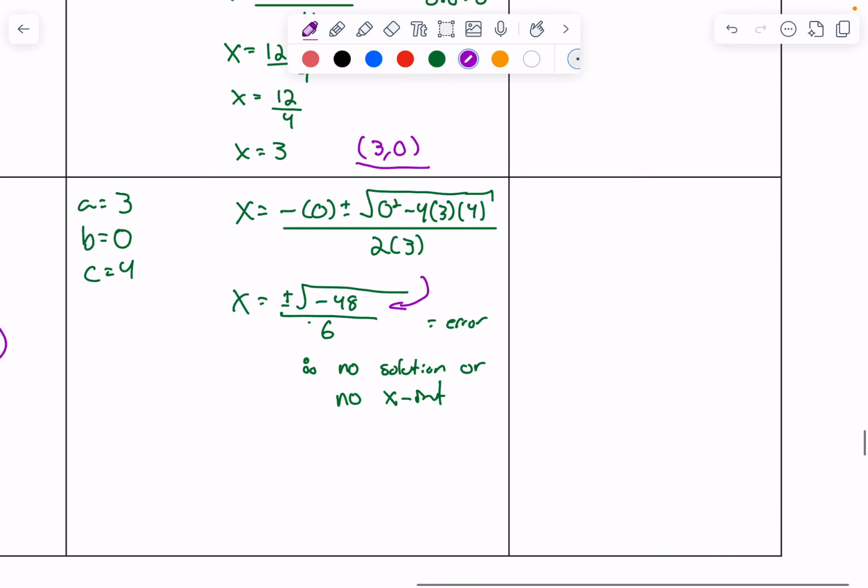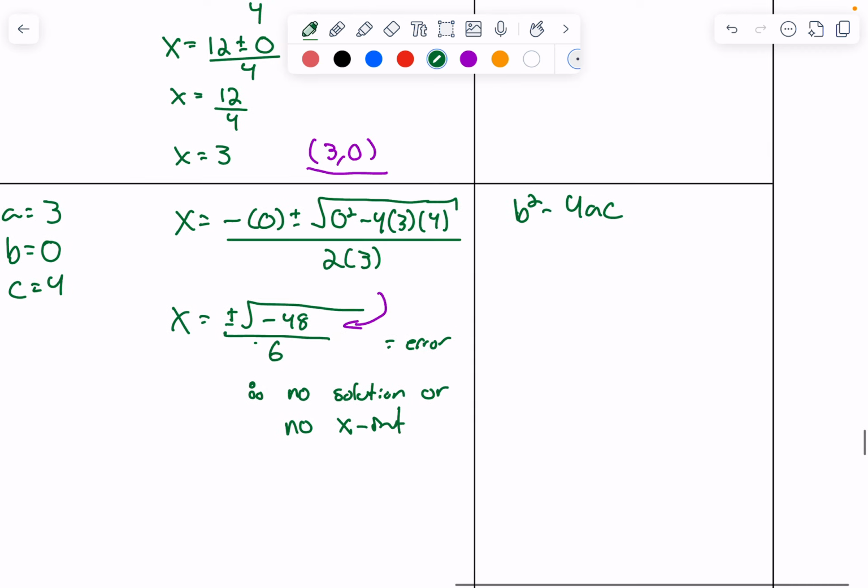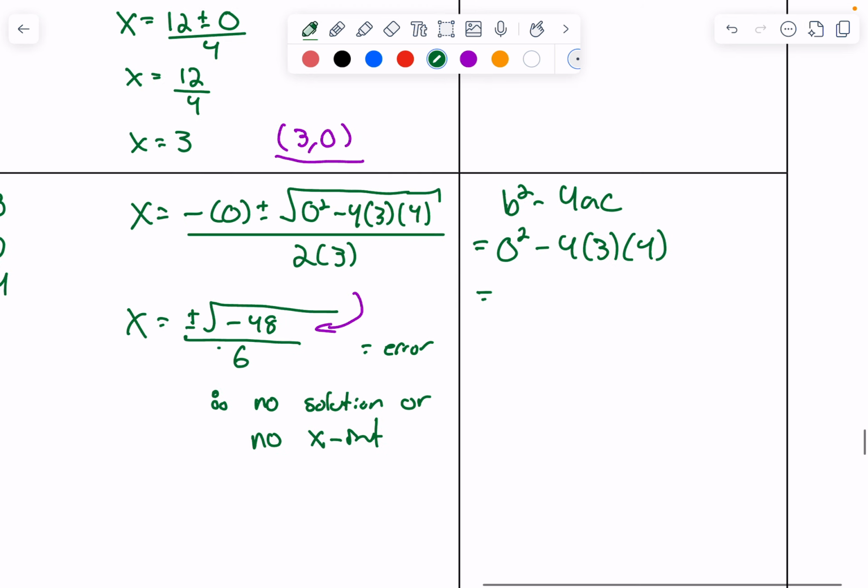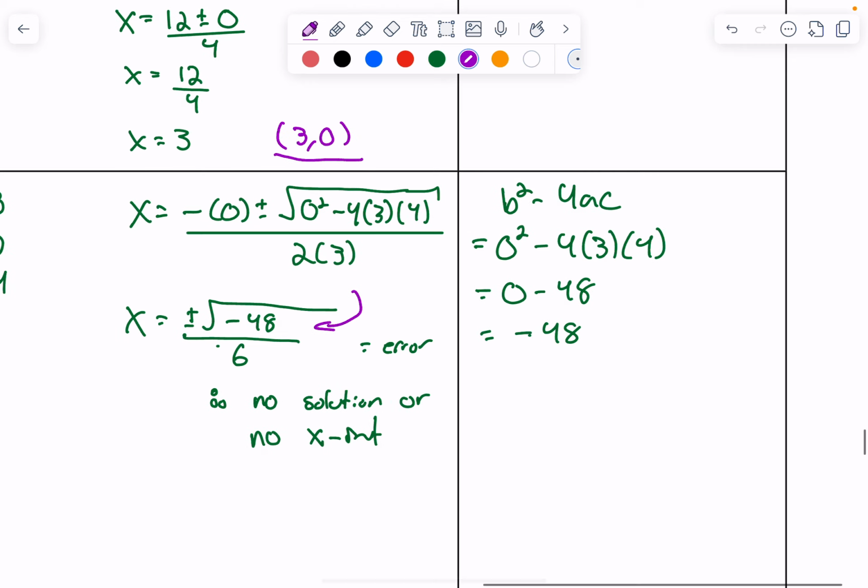And mathematically, if you're using the discriminant, b squared minus 4ac, b would be 0 squared, minus 4 times a which is 3, times 4, so that equals 0 minus 48, which is minus 48. Now we have a negative number, and our discriminant worked out to be negative.